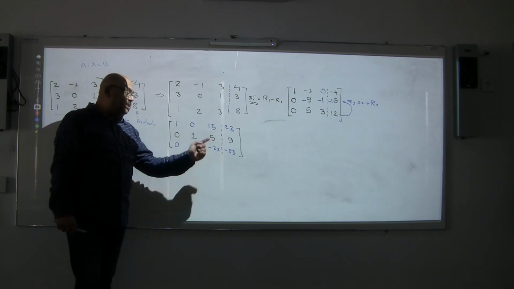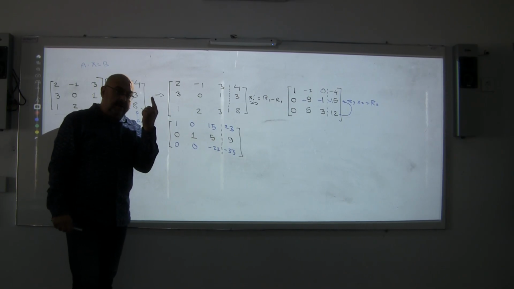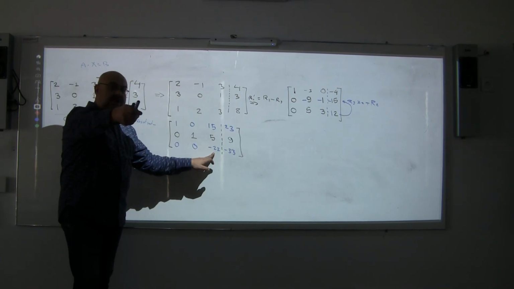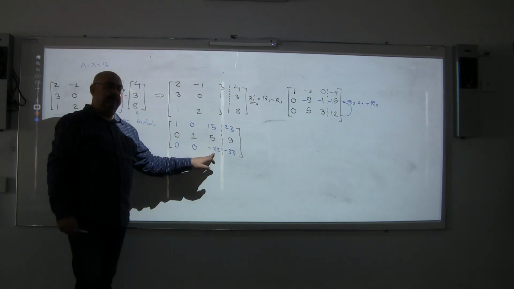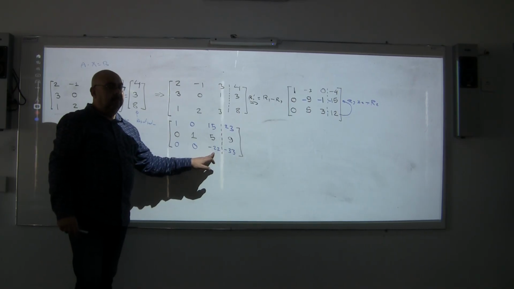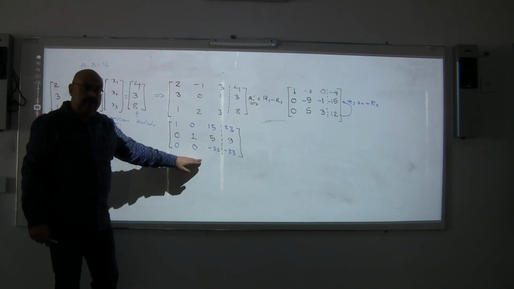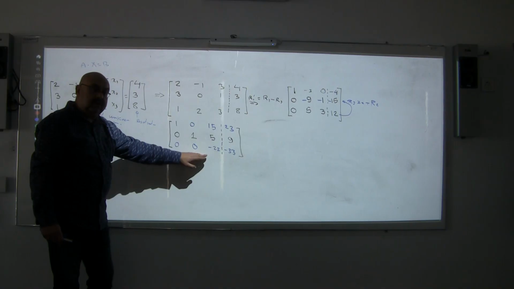The pivot must be positive 1. So I will try to change this value to be positive 1. What's the only solution that I have? Multiplying by negative 1 over 22. Here there are no other options because this is the last row.